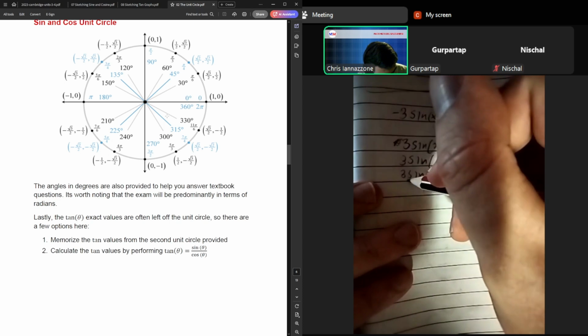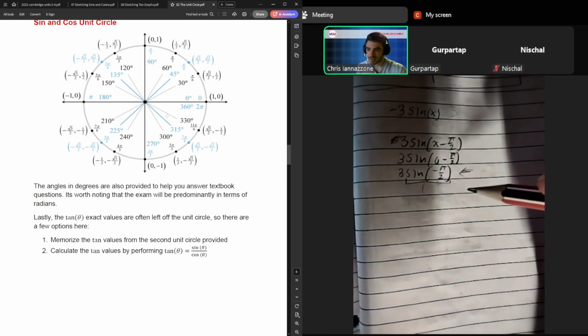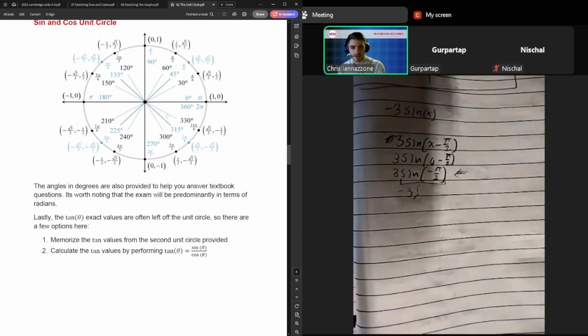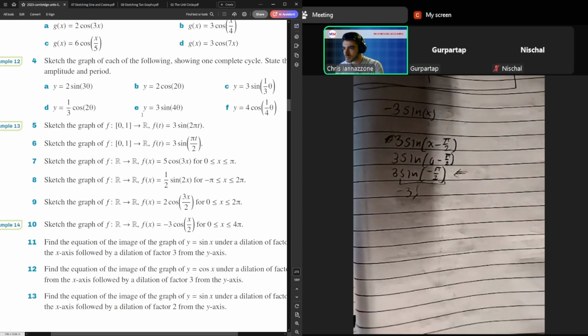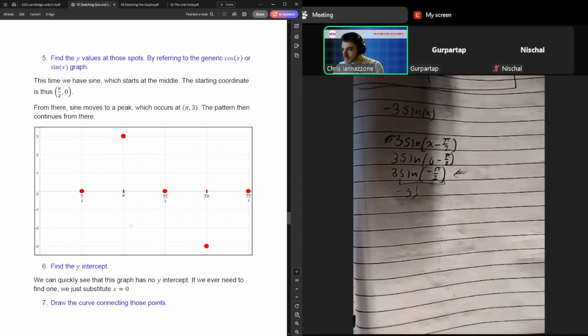Keep in mind, however, we have 3 times sine of negative pi over 2. So that negative 1 is now going to become negative 3. And so our y-intercept we would expect for this graph would be y equals negative 3, which makes a deal of sense because if you think about the peaks and troughs here, if you were to go back an additional pi over 2, that would be another quarter period.